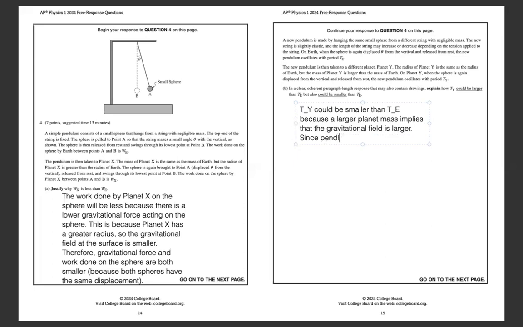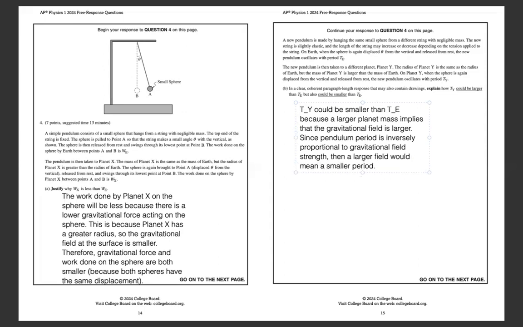Since the pendulum period is inversely proportional to gravitational field strength, which is our little g, by the way, then a larger field would mean a smaller period.